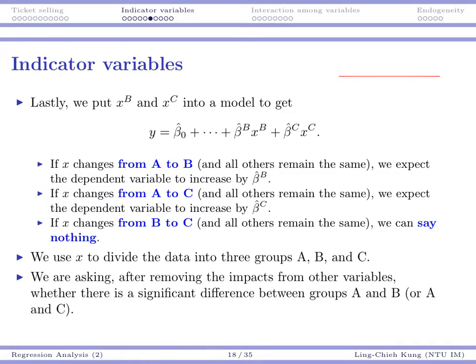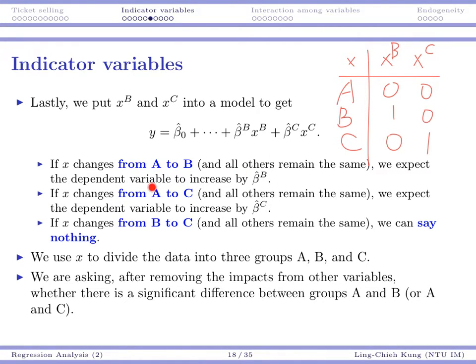So let me remind you, a, b, c are possible values for x, and we have xb and xc: 0, 0; 1, 0; 0, 1. So originally we are at 0, 0. And then if xc remains the same but xb goes up by 1, that means we move from a to b, right? We move from a to b. So then the impact is captured by beta hat b.